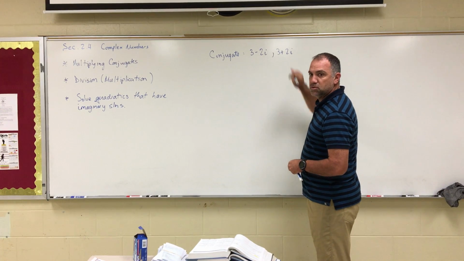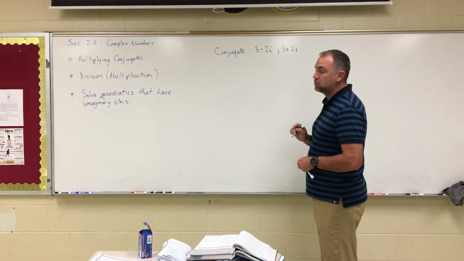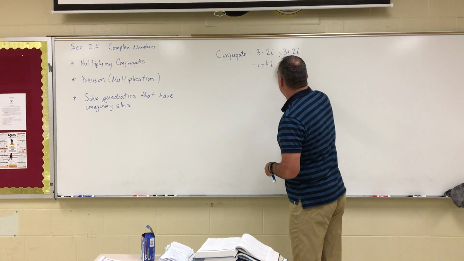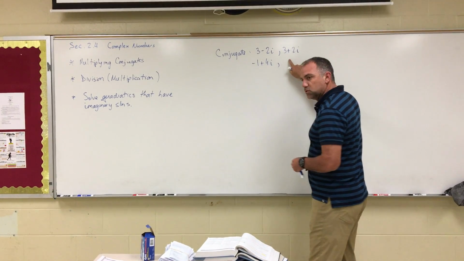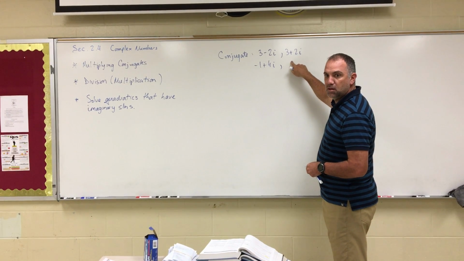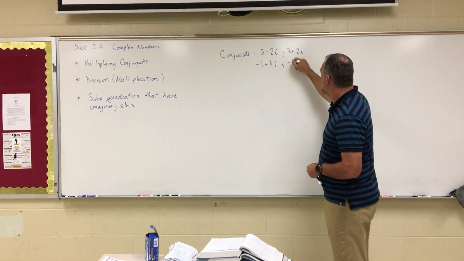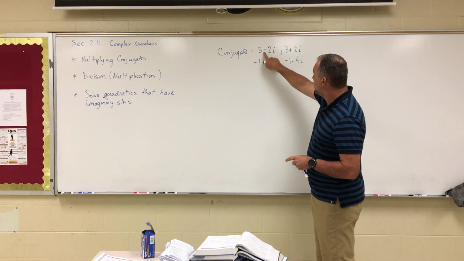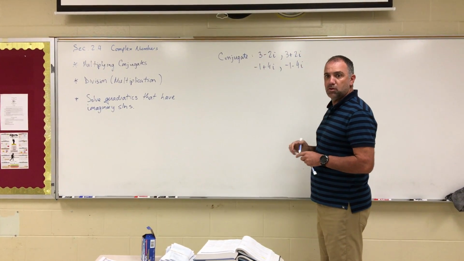So these are conjugates, when the middle sign is different. If I had -1 plus 4i, then the conjugate would be -1 minus 4i. Whatever the middle sign is, we change it, and those two are conjugates.